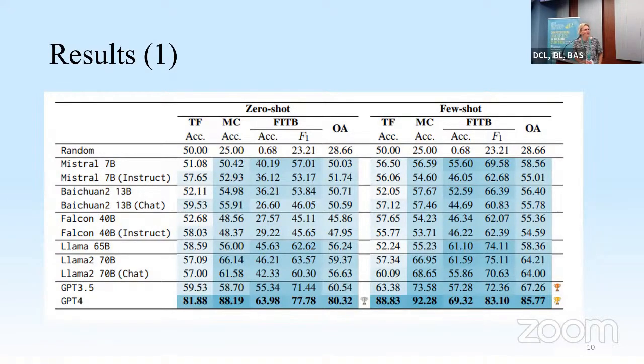I think the best type was multiple choice, if I remember correctly. The others are not so good. And the worst, of course, is fill the gap.